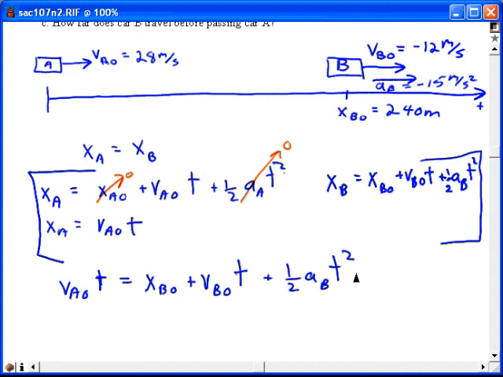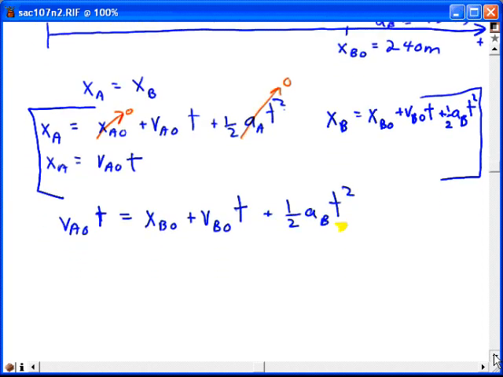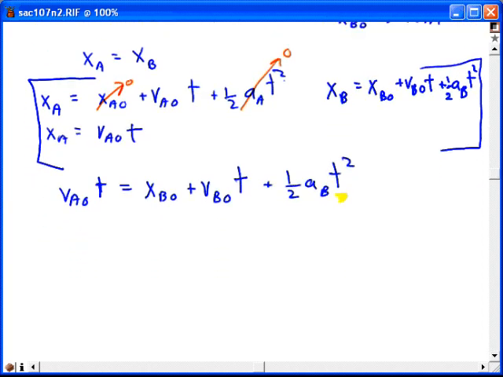Now all I have to do is solve that for t. I note that I have a t squared, so I'll probably have to use the quadratic. Let's start arranging it in the form of the quadratic equation to see if I really need to use the quadratic formula.